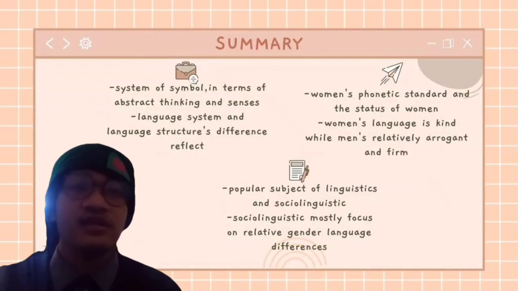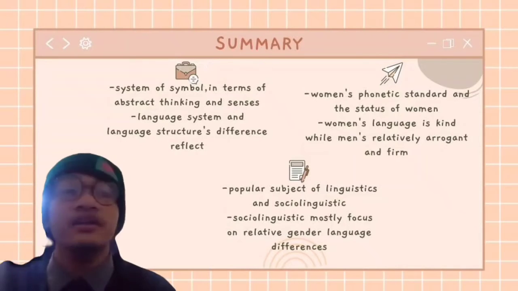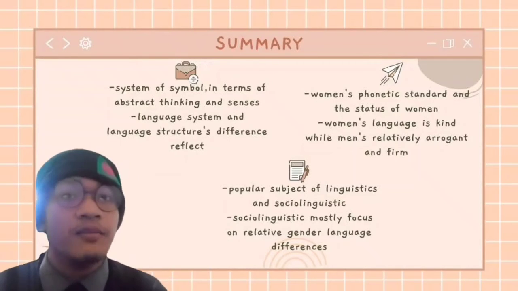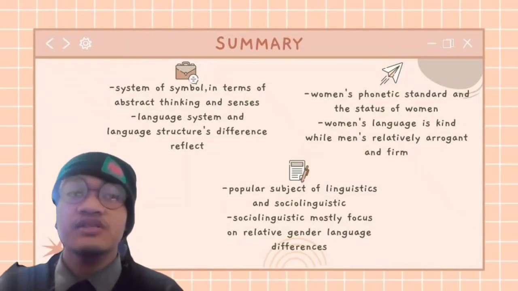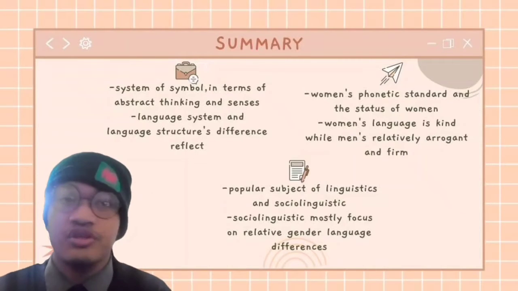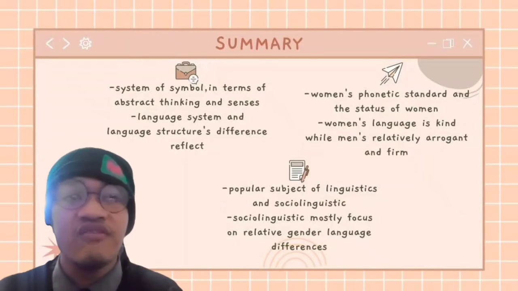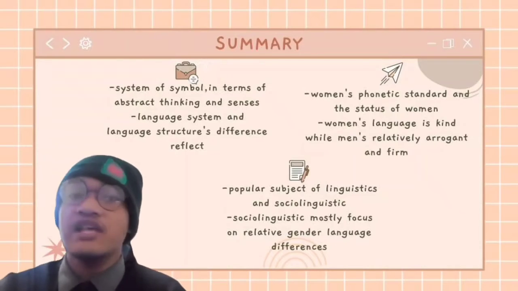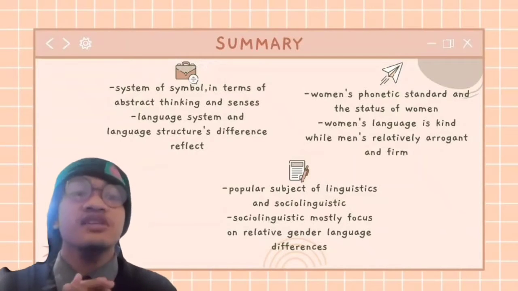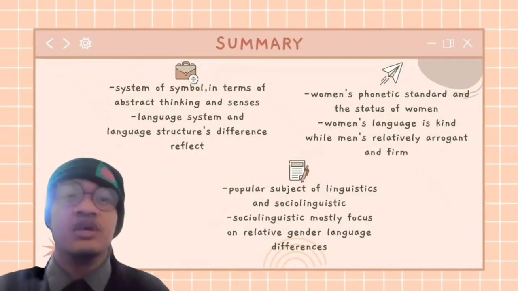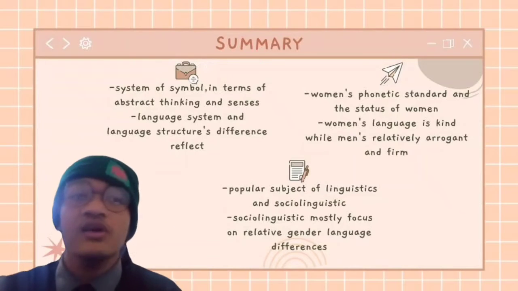Next, gender differences in language are not only regarded as a linguistic phenomenon but also a social phenomenon, and have become a popular subject of linguistics and sociolinguistics. Linguists from all countries have made a lot of profound and significant exploration according to the gender difference of language use. Gender differences in language can be divided into absolute and relative gender differences.